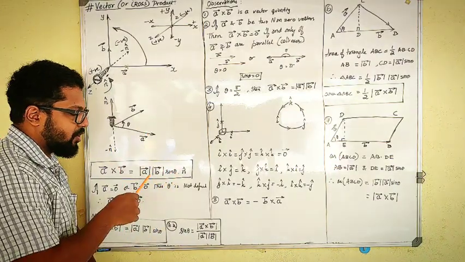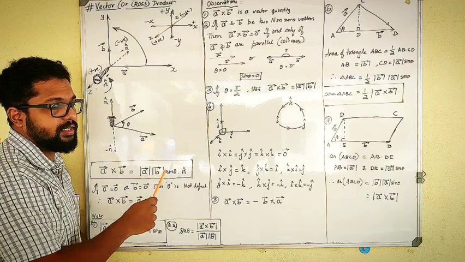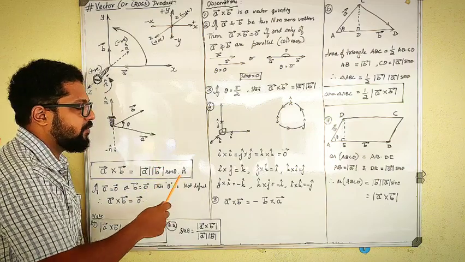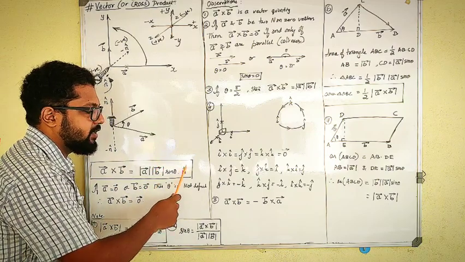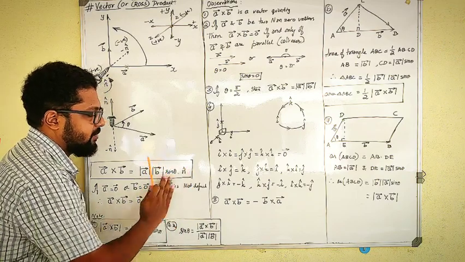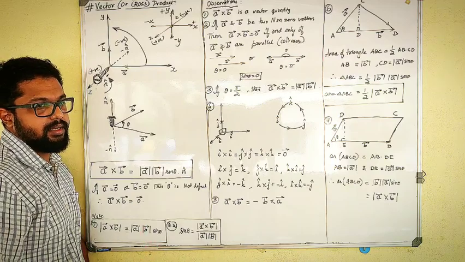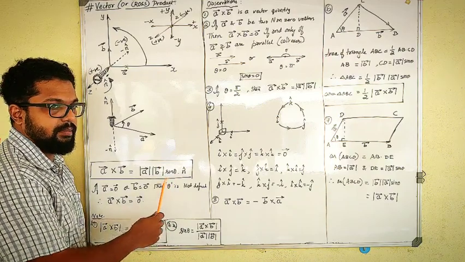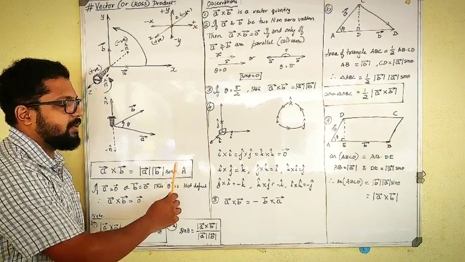The cross product is a vector quantity; otherwise, without n cap, it is just a scalar quantity, only with the difference of sin theta. But it will always be multiplied with n cap.